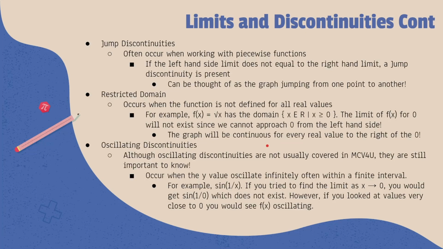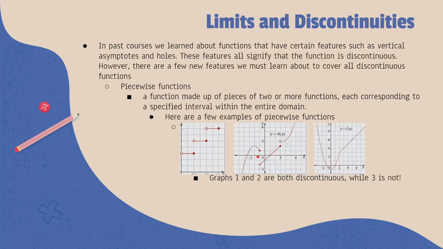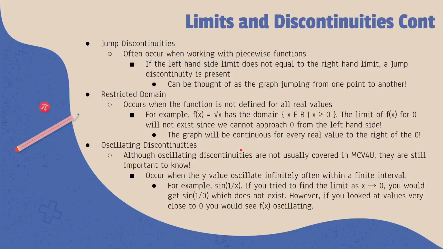The next kind of discontinuity you need to know is the jump discontinuity, and that is the one that I actually showed you in these two examples. A jump discontinuity is simply what occurs when working with piecewise functions.